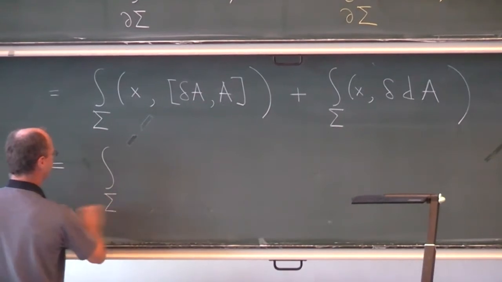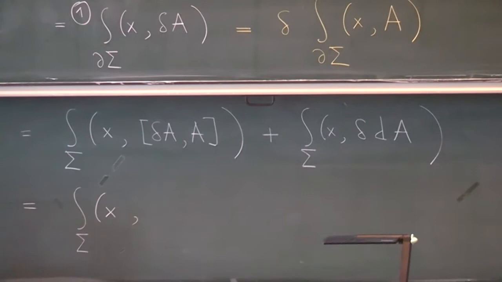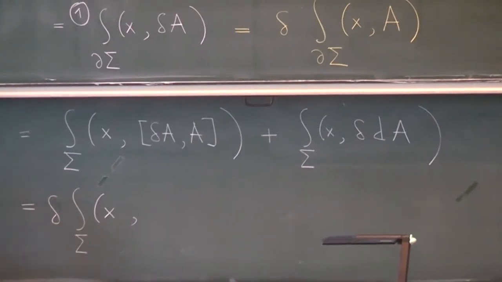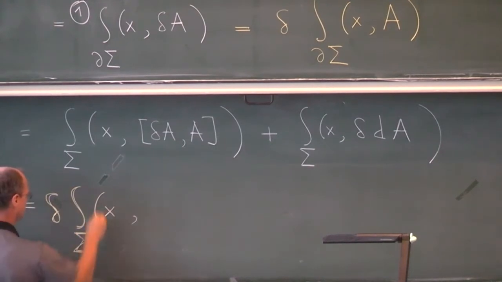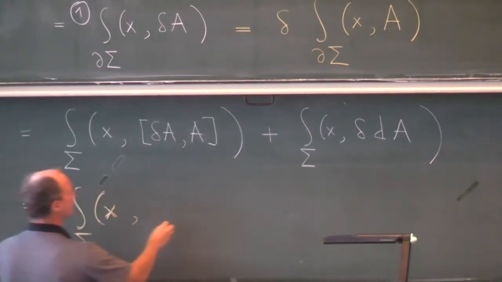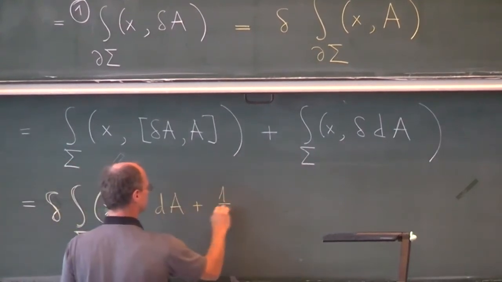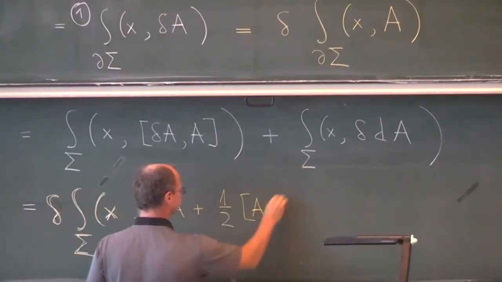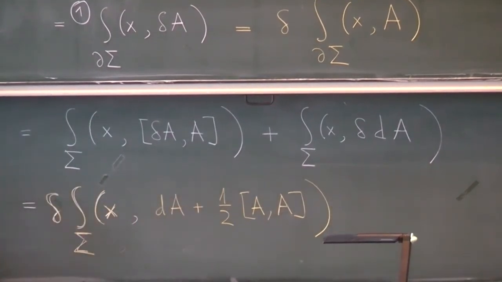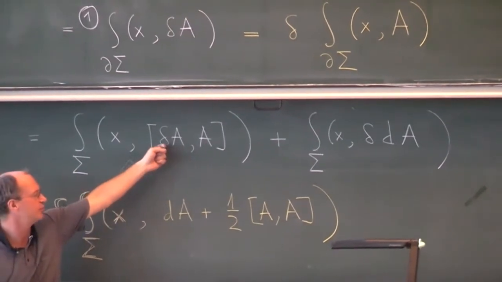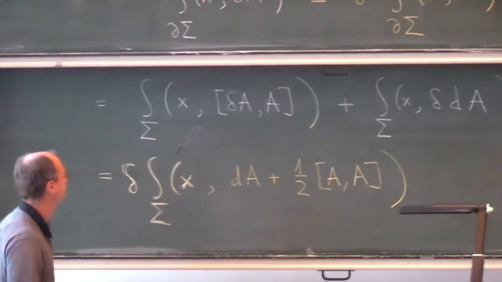So the final answer is delta, or maybe I write it in a different color as before. So delta of the integral over sigma of X, and here I will have dA plus 1/2 bracket [A, A]. Here the 1/2 is just because when we put delta on it, it will hit either the first one or the second one again.